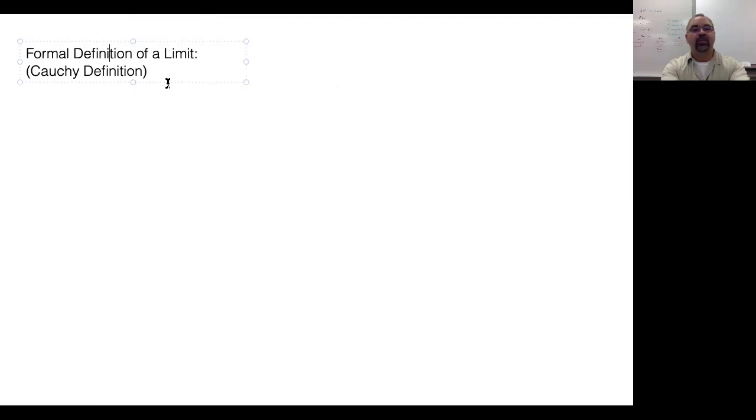And then we also could write down that this is sometimes called the epsilon delta proof. And we'll talk about epsilon and delta here in a second, what they are.